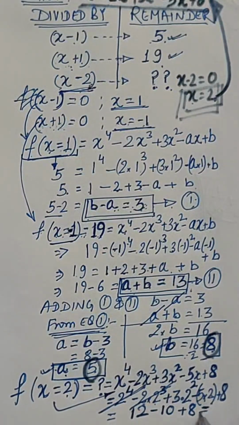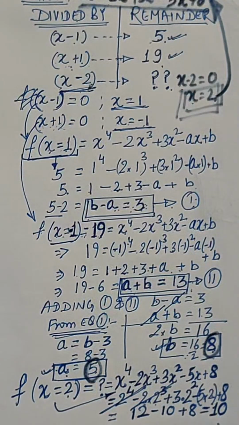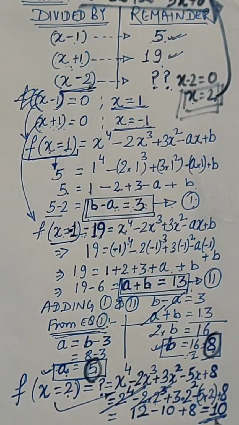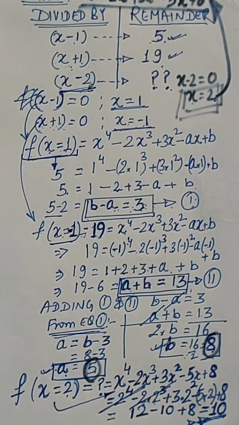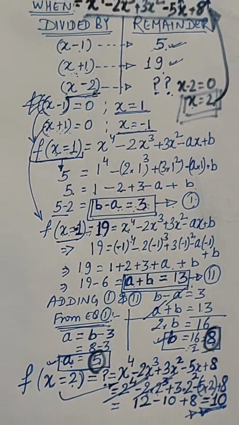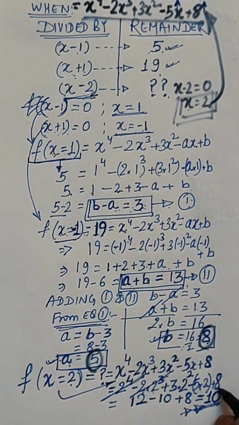So we have arrived at our answer. That is 10. 10 is the remainder, and we just arrived at the spot we were trying to reach for a long time. Our answer is nothing but this 10.